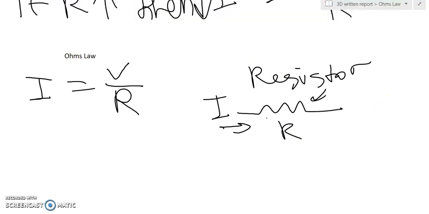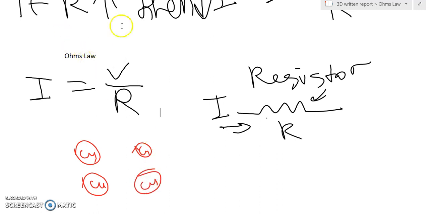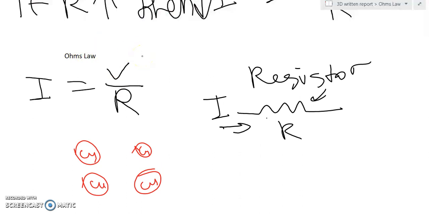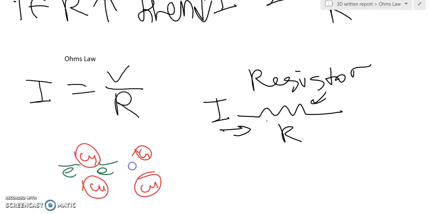If you remember this picture that I drew for you last time, I have a bunch of copper atoms in my wire. And I have a bunch of electrons passing through as well. And my electrons can pass through almost unimpeded. In other words, there is almost nothing blocking them.